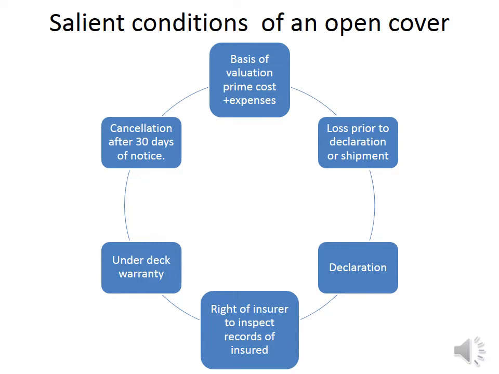But if GST is considered, or if the earlier claims are paid on the GST also, then the total limit was exhausted. So many times the insurance company would feel that they want to have a declaration for each shipment. Loss prior to declaration we have already discussed. So these are the basic features of the open cover.